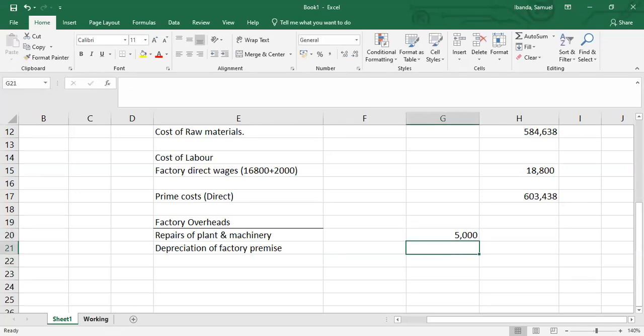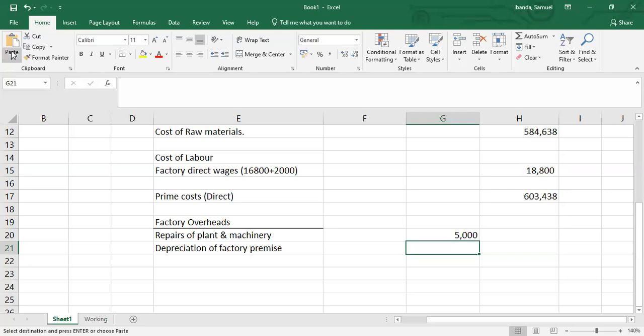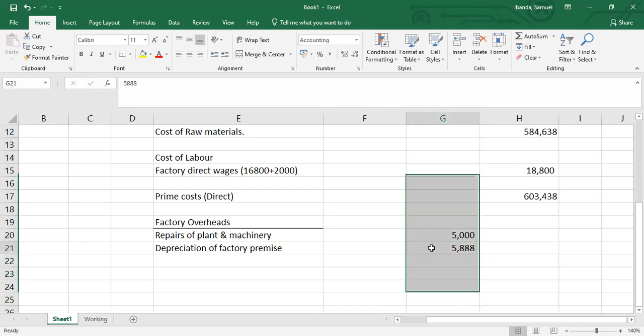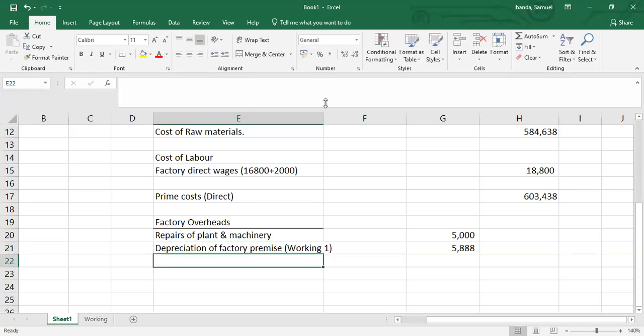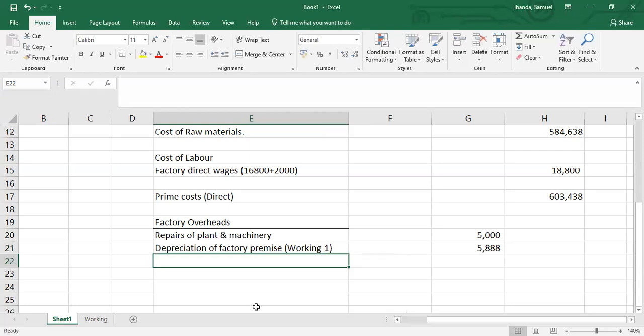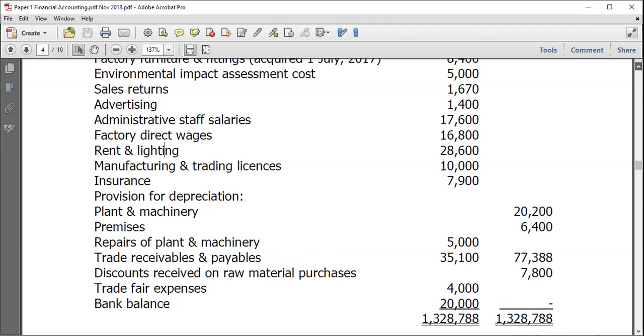Okay. So this depreciation is this value. I'll just come and paste it here, paste values, and remove the 3 zeros. So we're able to get the right figure there. You can see 588 because there's a degree of precision there. And then I'll direct my examiner and say, please check out working 1 in case you want to know more details. Okay. So the next thing that I'll do is come back to the question and look at the next factory expense.